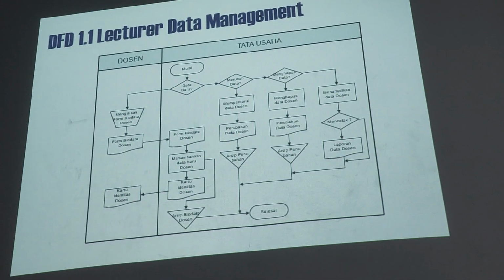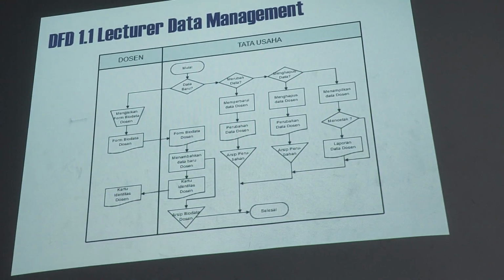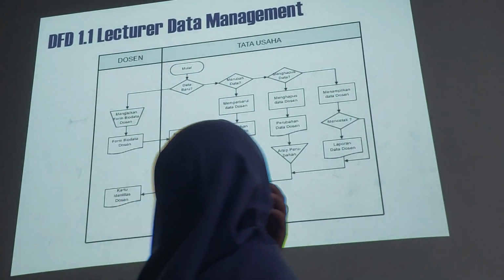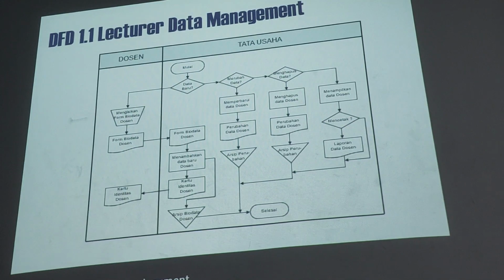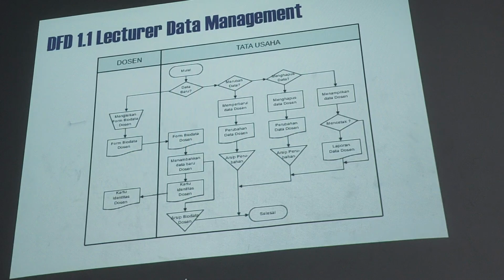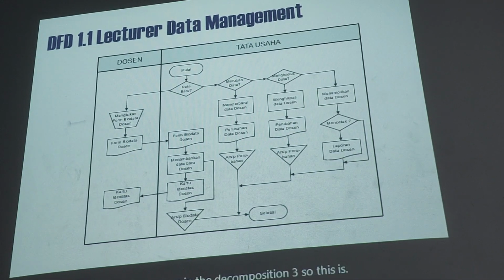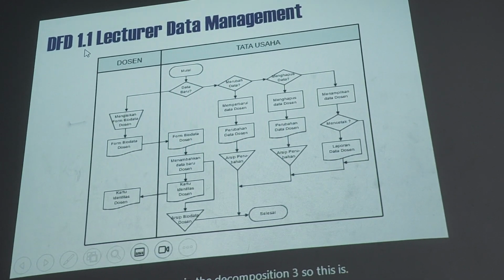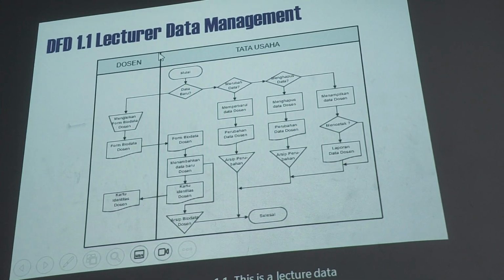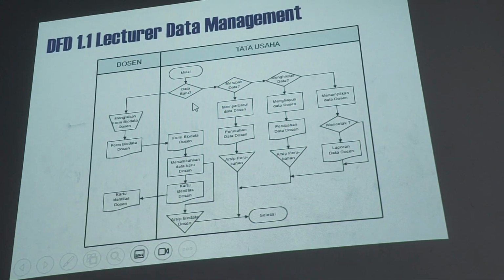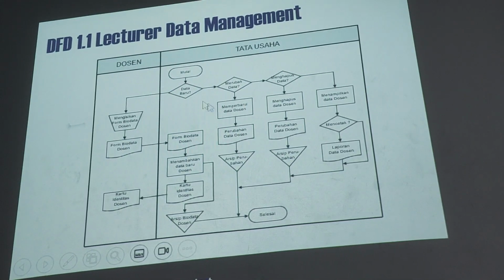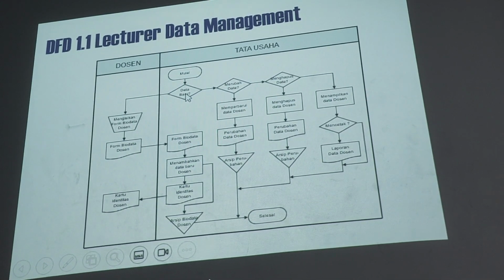But this is for what document, what flow of the document to some activity in the process in the decomposition tree. So this tells us about in data flow diagram 1.1, this is a lecture data management. So for data master, the first one is from start, and then it is new data.